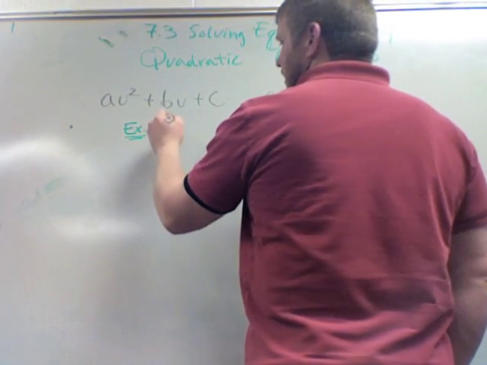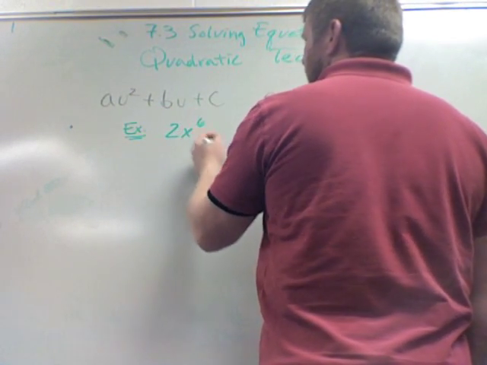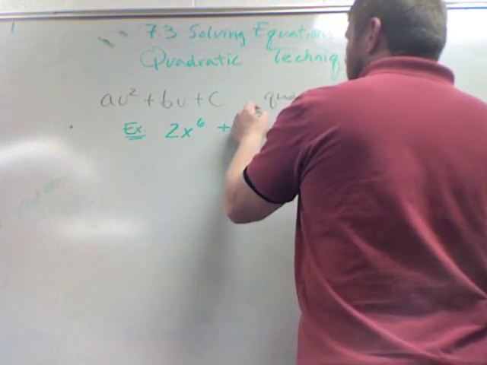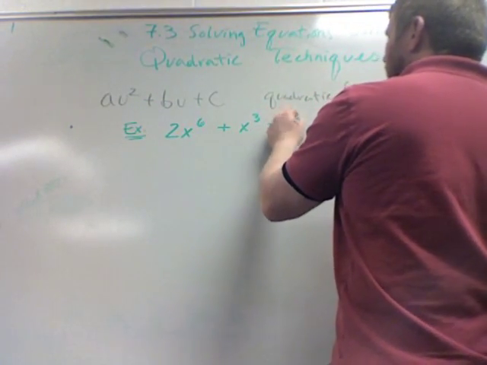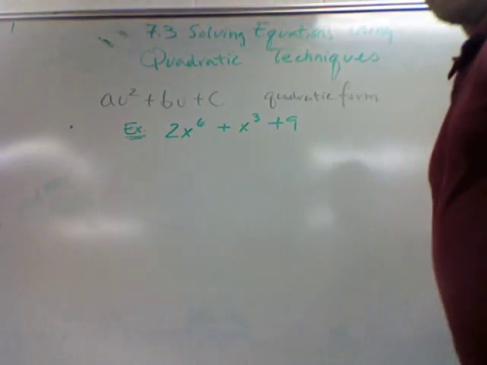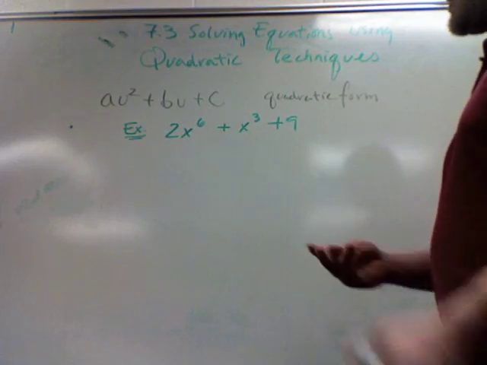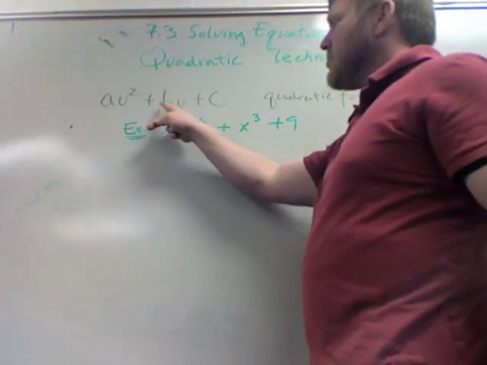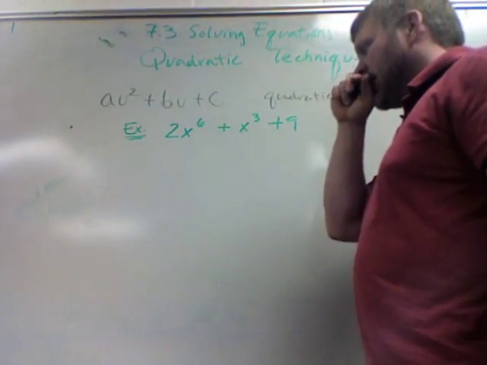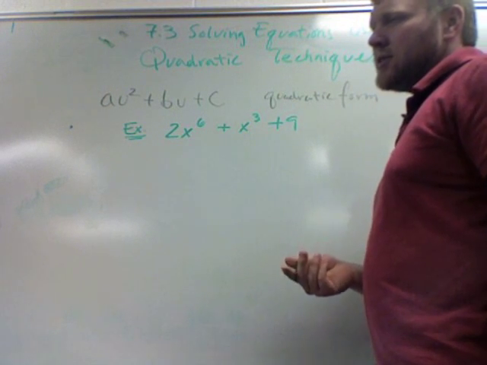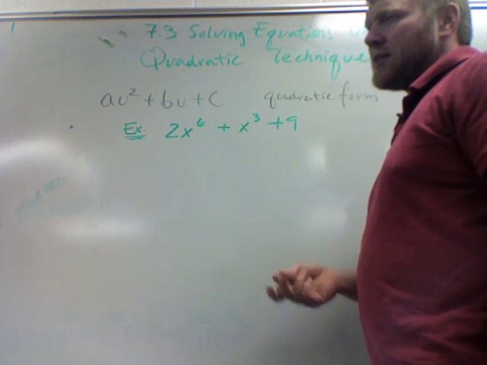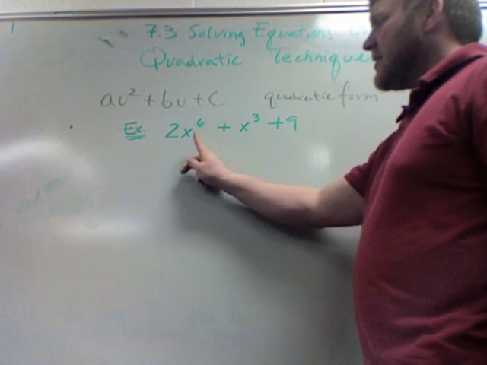Say we had 2x to the 6th plus x cubed plus 9. My goal is to get it in the form of a quadratic, so au squared plus bu plus c. I need to let u equal a particular value, and then when I square u, I get this value.